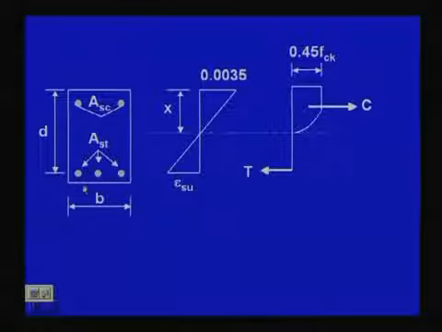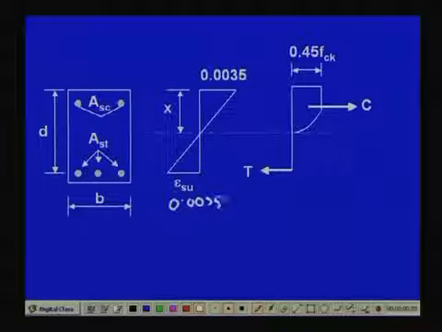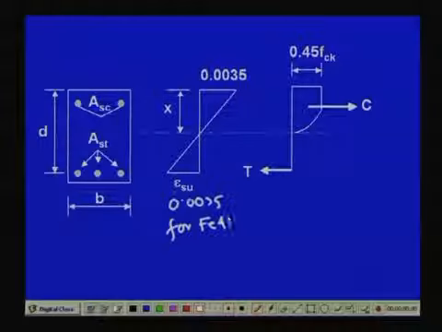For the doubly reinforced section, 0.0035 and epsilon SU, which I have mentioned, is 0.0035 for Fe 415.